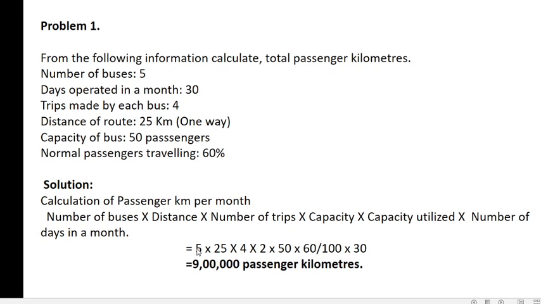The number of buses given here is 5, distance is 25 kilometers, number of trips 4, assuming it as a round trip 4 into 2, the capacity of the bus is 50 passengers, normal passengers traveling is 60%, into days operated in a month is 30. From this we get the total passenger kilometer as 9 lakh passenger kilometer.